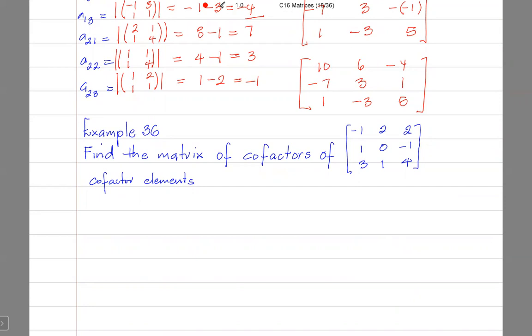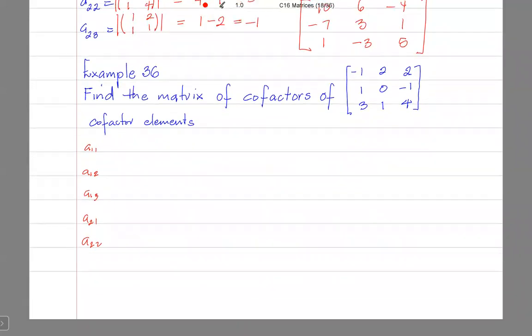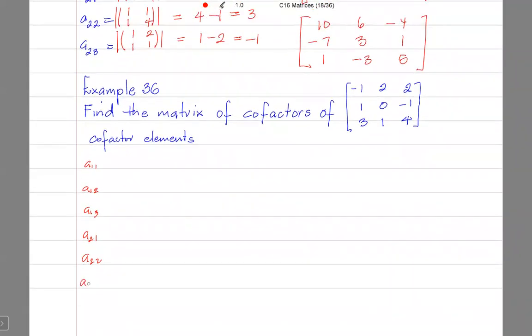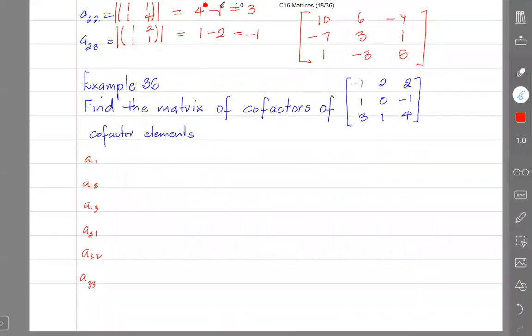This says find the matrix of cofactors of this matrix here. So I need my elements A1,1, A1,2, A1,3, A2,1, A2,2, A2,3.